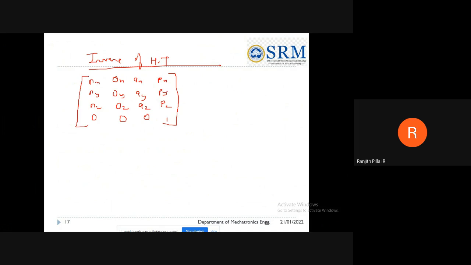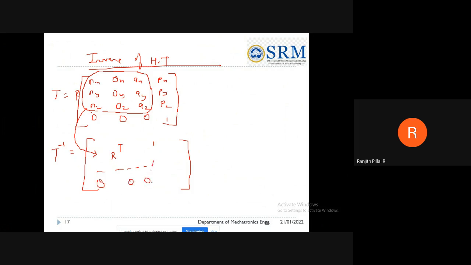If this is the final matrix and you want to take the inverse of this, you first take the transpose of this 3 cross 3. Are you able to understand? If it is denoted by R, you take the transpose of that R, and you fill in 0 0 0 1, and the last elements become minus n.p, minus o.p, minus a.p.